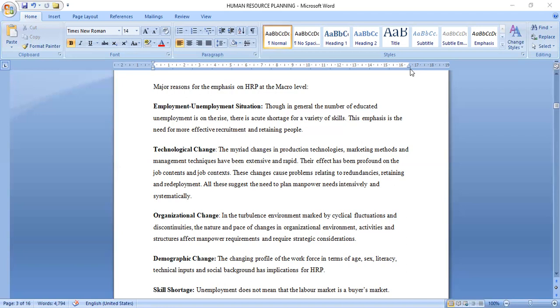So the need for human resource planning comes in basically to solve the problem of unemployment, whereby it will require organizations searching, right? Searching for people with the rightful skills to fill the rightful positions to be able to enable these organizations achieve their goals, right?